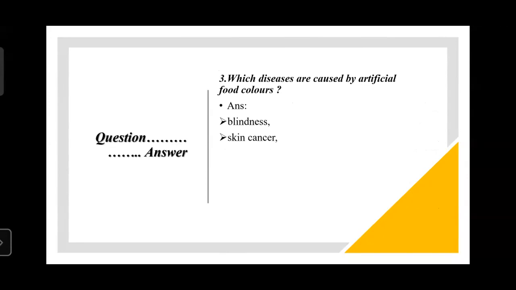Next question, which diseases are caused by artificial food coloring? Answer: blindness, skin cancer, asthma, itching of skin, permanent blocking of sweat pores.